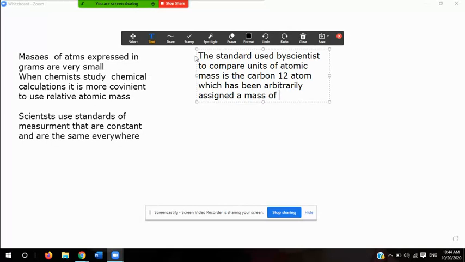exactly one unified atomic mass. A unified atomic mass, or 1 u, is exactly 1/12 the mass of a carbon 12 atom.